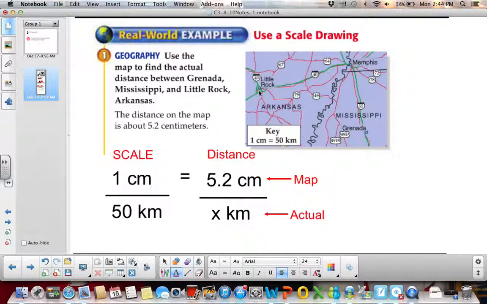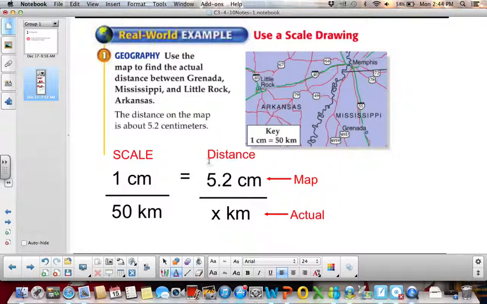So if we measure out 1 centimeter, we know that as we're driving on the road, we will have gone 50 kilometers. We can set this up as a proportion. We are already told that the distance between Little Rock and Grenada is about 5.2 centimeters.